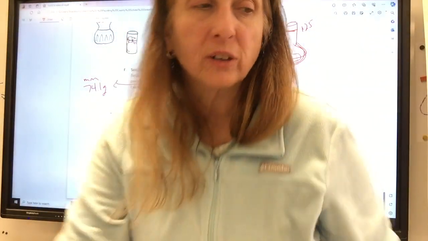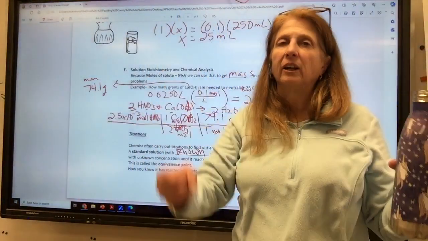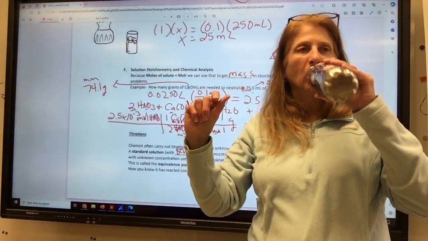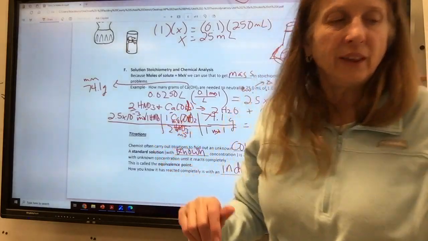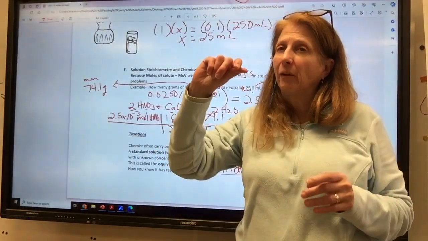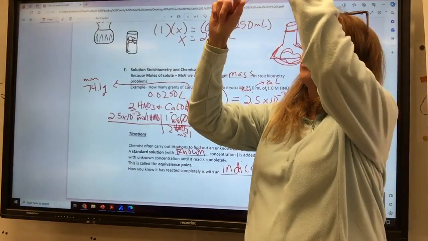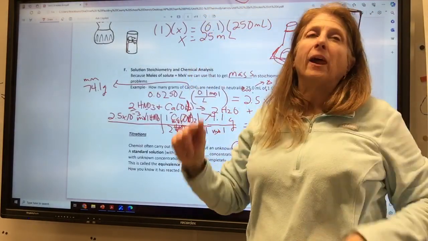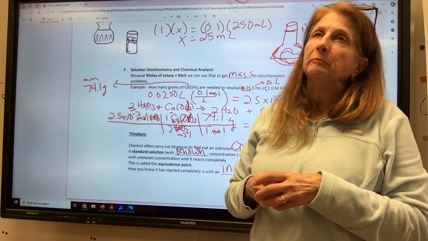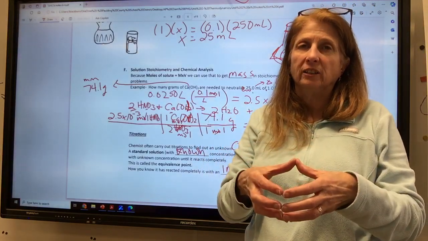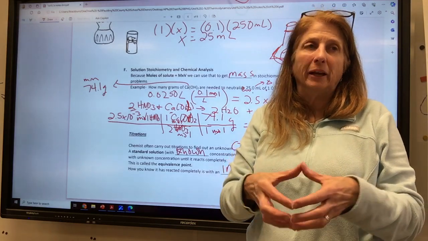Okay, so how it works is, remember the burette? I know y'all used it in Miss Corn's class. Y'all remember the burette? It's the thing with the stopcock, remember that? You turn it and let the liquid out, and then you turn it again, and you can measure how much you let out. Okay, so what it usually is, your unknown concentration is an acid in a beaker.